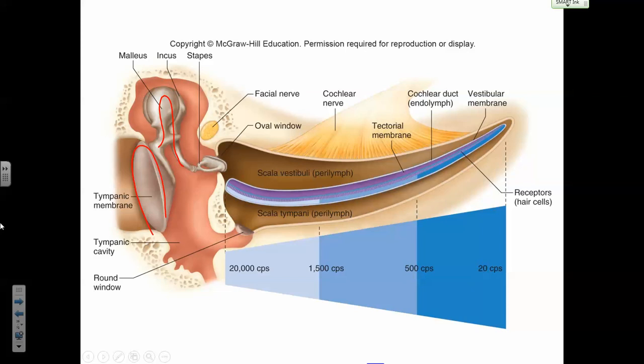Long sound waves cause this to move all the way here before it activates receptors, and that gives you the sensation of the low note. But a high-pitched sound wave fizzles out a lot earlier, so the receptors for the high notes are at the proximal end. That's what these CPS are, cycles per second, how many sound waves per second. It's interesting.